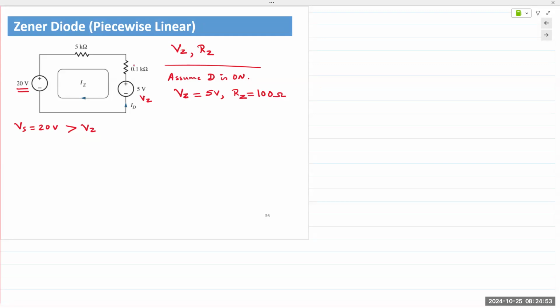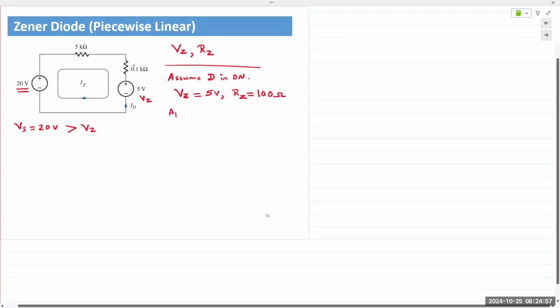So again, same procedure as we learned earlier. We apply KVL, and we sum up the voltages around the loop. We have 20 minus 5,000 plus 100, so 5,100 IZ, minus 5 is equal to 0.